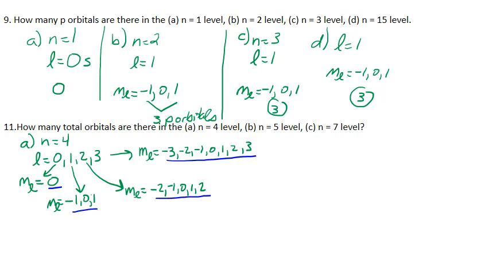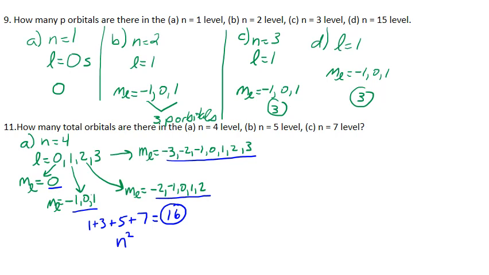So that would be a total of 1 plus 3 plus 5 plus 7. So that would be 16 total orbitals.